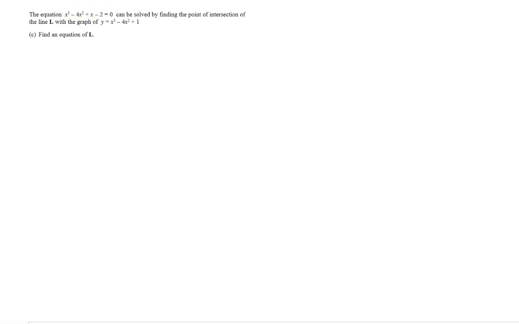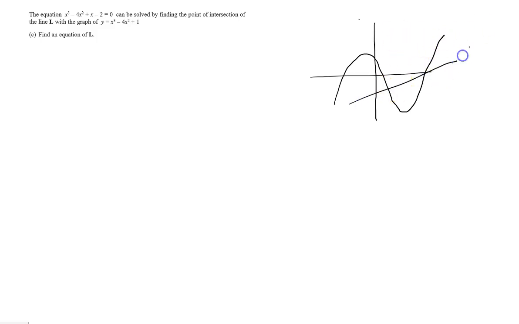Find the equation of L. Let's say the graph is like this and this is line L. Suppose the equation of this line is say mx plus c, and the equation of this curve is x cube minus 4x square plus 1. This is y is equal to this and this one is y is equal to this.